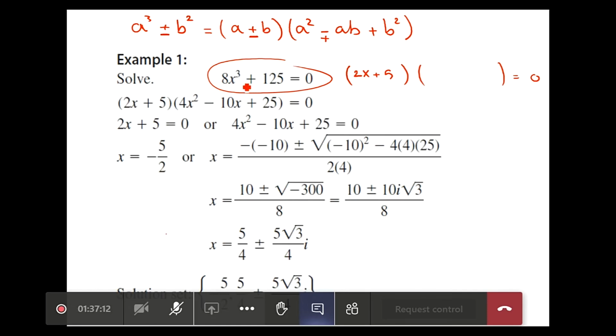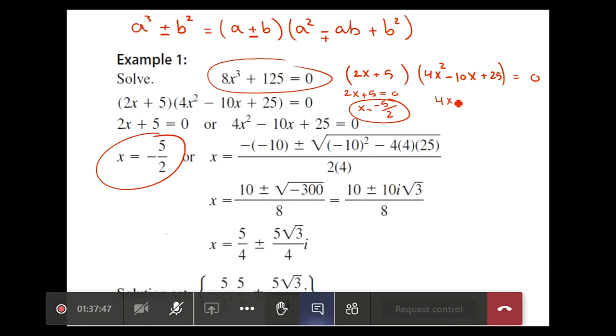Now we have the cube root of 2x to the power 3, which is 2x, and the cube root of 125, which is 5. So we have here x squared minus 10x plus 25. Now solve this one. 2x plus 5 equals 0, so x equals negative 5 over 2. This is one solution.